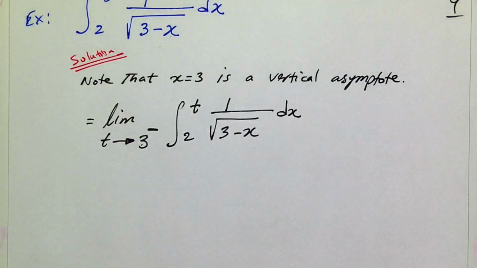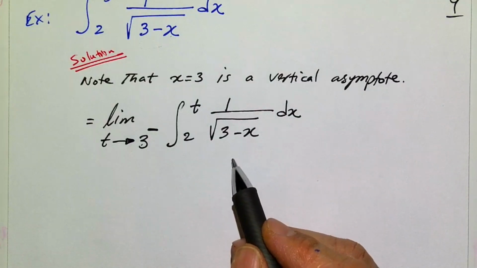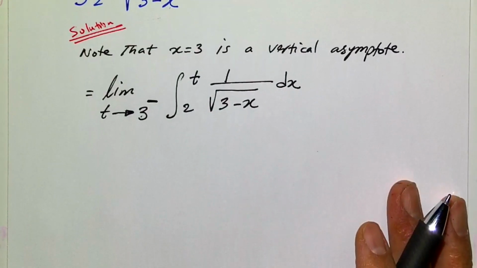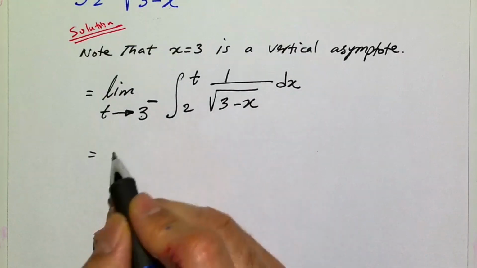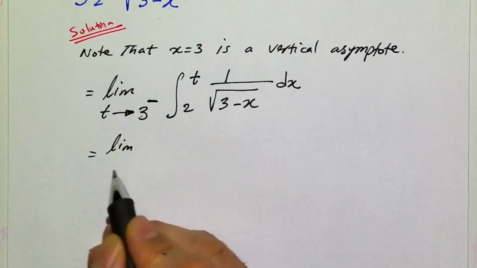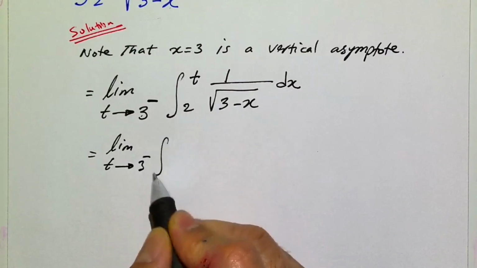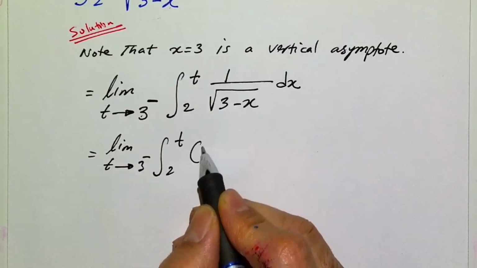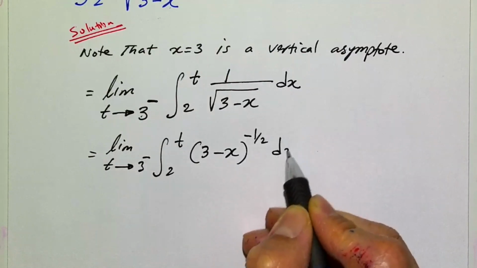or I should say the antiderivative. So we have, well, let me rewrite it. I'm just going to add a step here. So the integral from 2 to t of 3 minus 6 to the minus 1/2 dx.